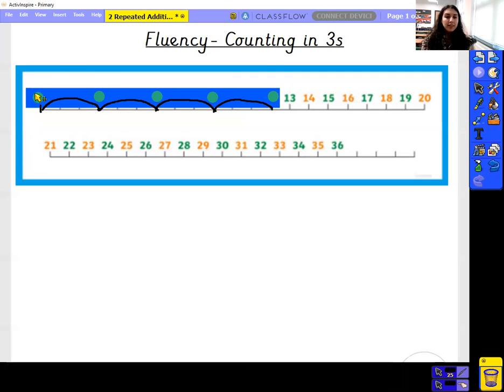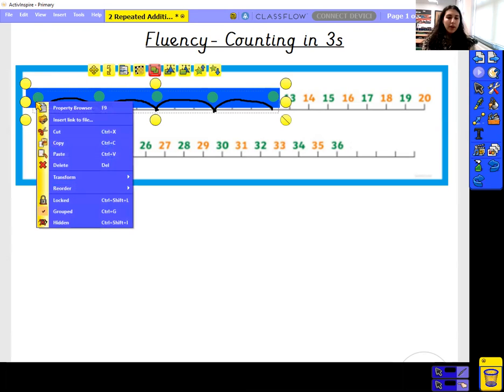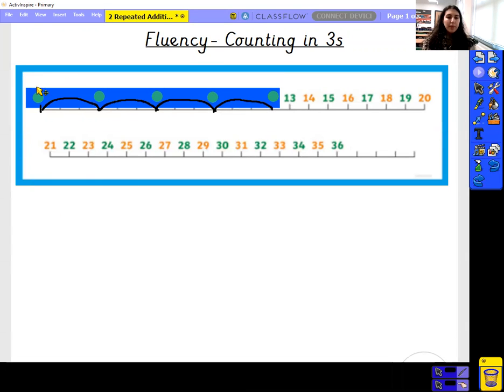Let's go again. 0, 3, 6, 9, 12. Let's go backwards from here then. So 12, 9, 6, 3, 0. Let's go forward one more time. 0, 3, 6, 9, 12.